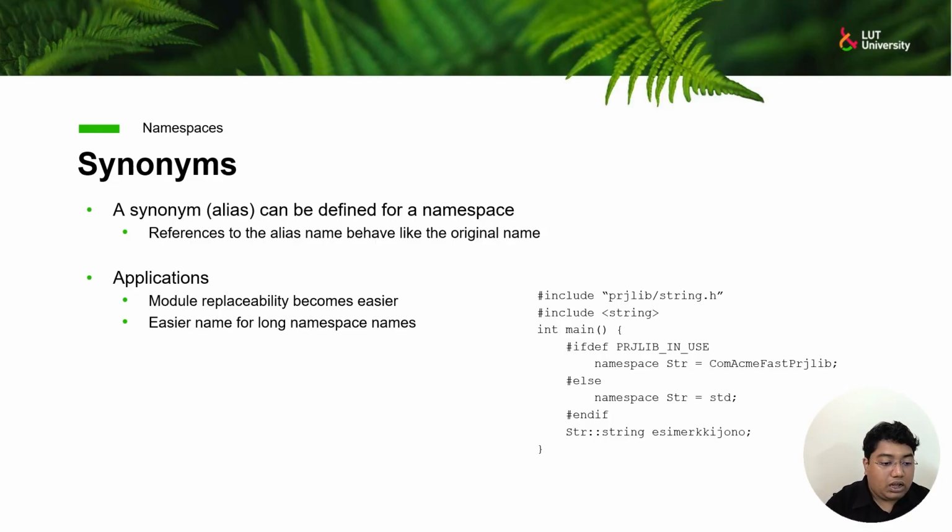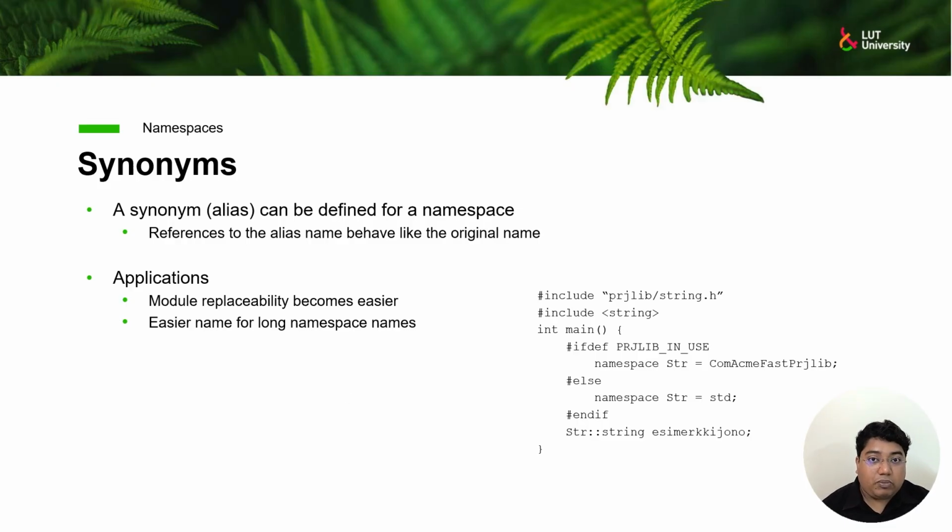So it doesn't care whether the str is pointing at std or this one. It doesn't really matter. What matters is whatever is defined here in this code base, it will use the string from that namespace exactly.